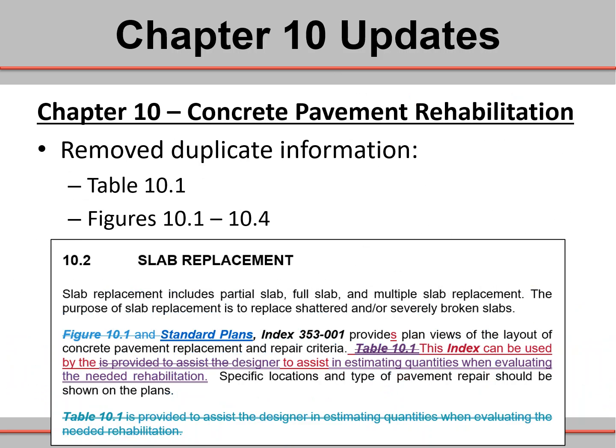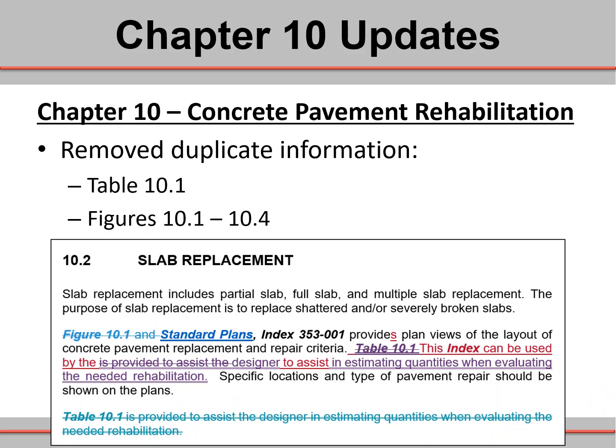So coming off the heels of fixing a discrepancy due to duplication of information, we looked at Chapter 10 where there was a lot of information that was redundant to the standard plans. Again, we decided to remove the duplicate information and just refer to the standard plans since that's the most appropriate place for the information to live. So you can see how we've modified the text of section 10.2 here to only refer to standard plans index 353-001.